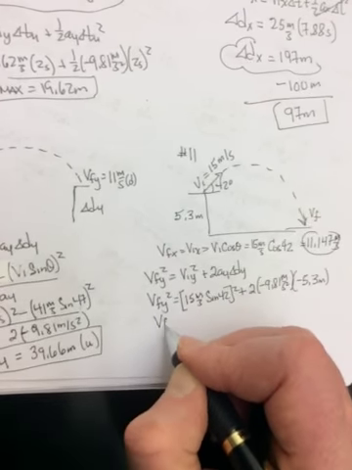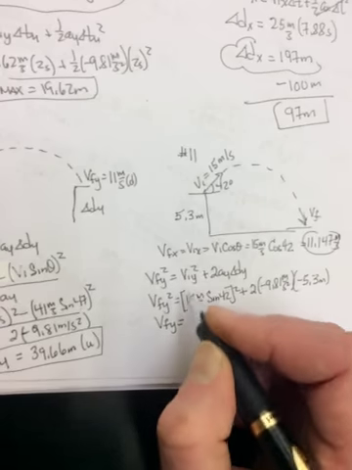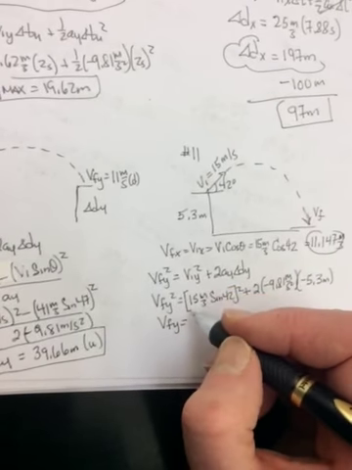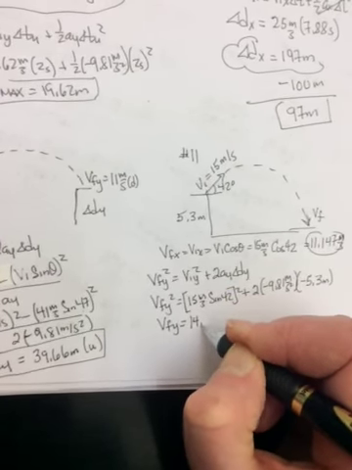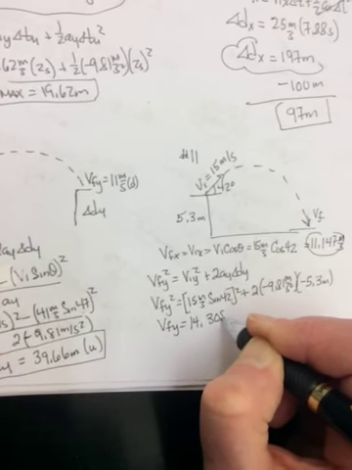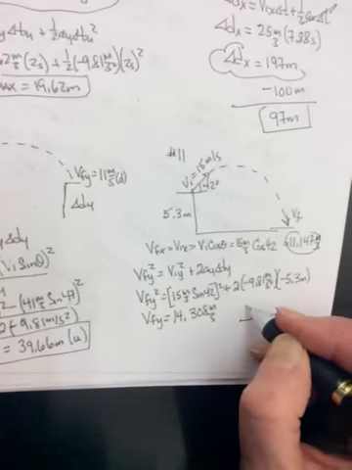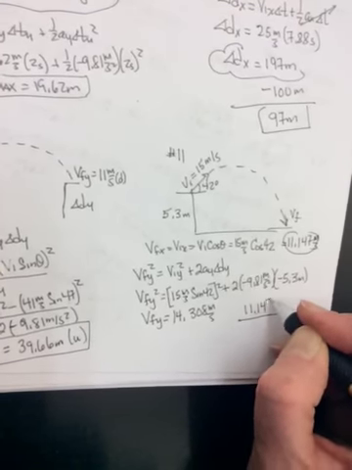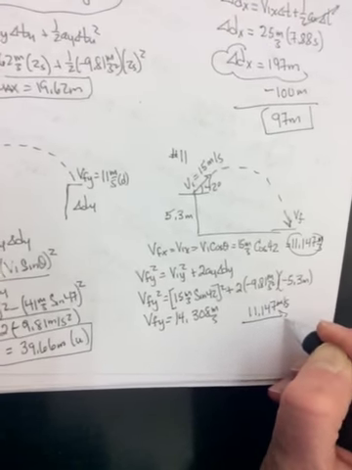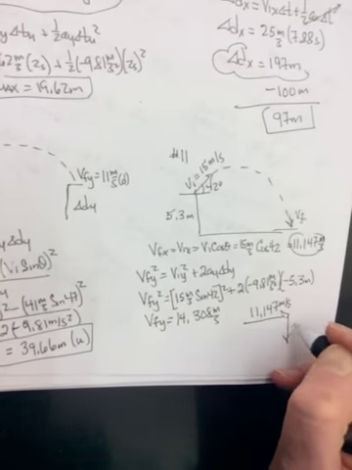Remember, that's going to be VFY squared. You're going to take the square root and hopefully get 14.308 meters per second. So in the x direction, 11.147 meters per second.